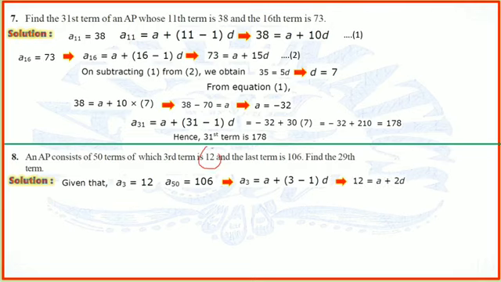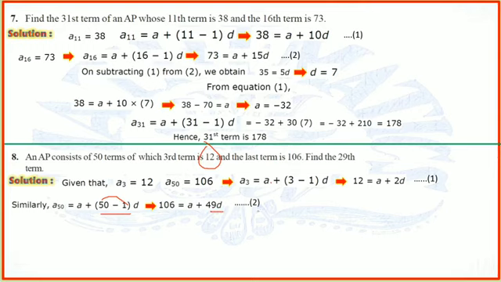So 12 is equal to A plus 2D, equation number 1. Similarly, A50 means A plus 50 minus 1 into D, which is 106, equals A plus 49D, equation number 2.